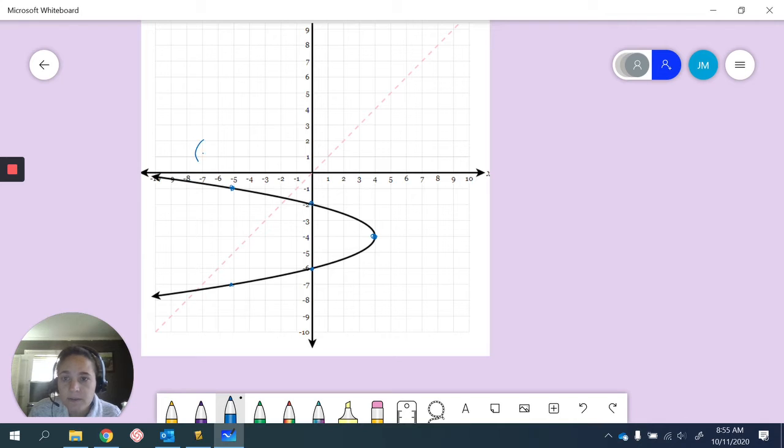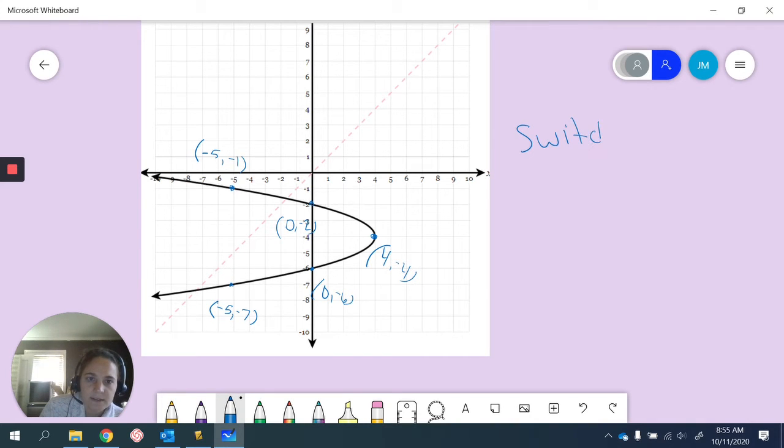So that one was -5, -1. Here we have -5, -7. We have 0, -2. And we have 0, -6. And we have 4, -4. Okay, so this is one way to do it. And then you just switch the x and y's. That's the big idea. We always just switch x and y's.